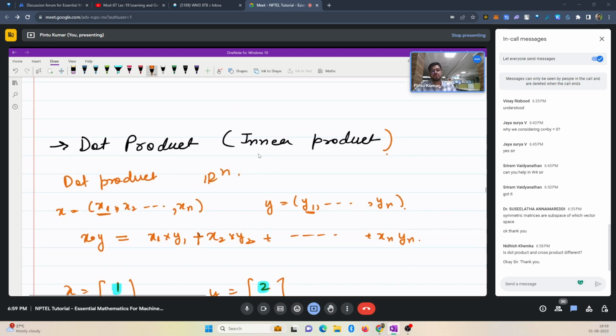One thing that I'm not covering here, because it might not be very essential for day-to-day machine learning, but if you are working at a research level or in your master's, you might want to know the generalization of a dot product. In R2, you know how to find the dot product, but let's say you have a vector space containing polynomials or functions.